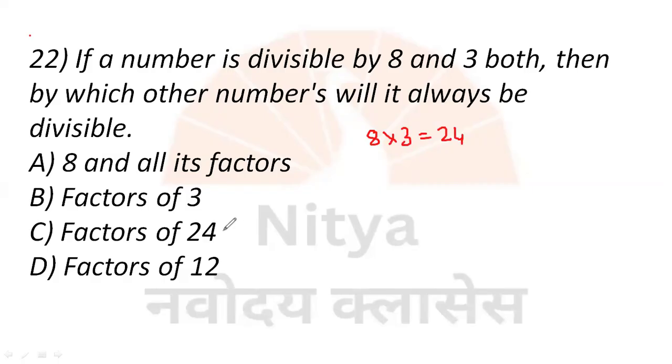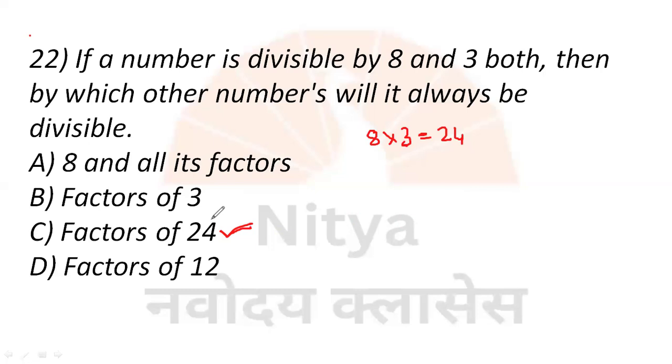So answer is factors of 24. When a number is divisible by 8 and 3, then 24 is also the number. It will be divisible by 8 and 3. It means factors of 24 are divisible by 8 and 3. Okay, so option number C is the answer.